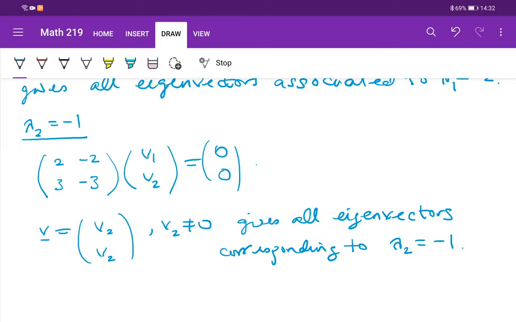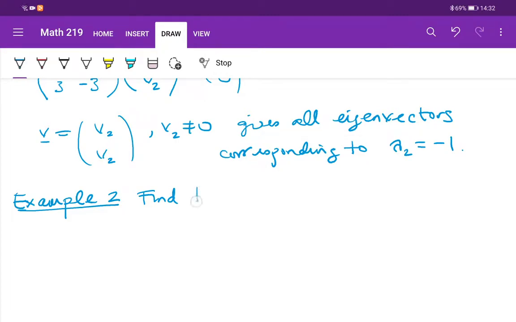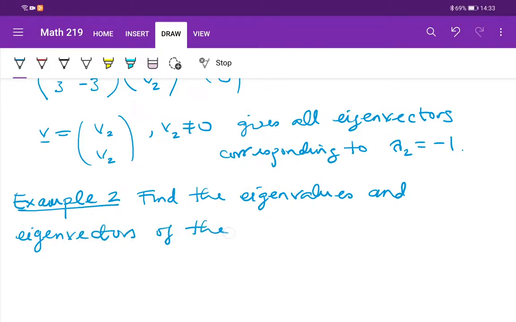Okay, so that's a simple case, and we can do this in arbitrary dimensions. So here's an example of a 3 by 3 matrix. Let's find the eigenvalues and eigenvectors of the matrix.